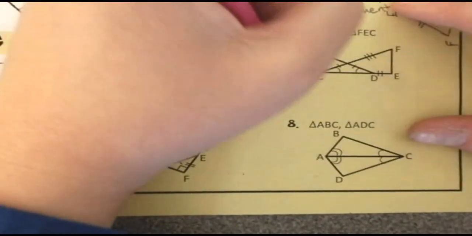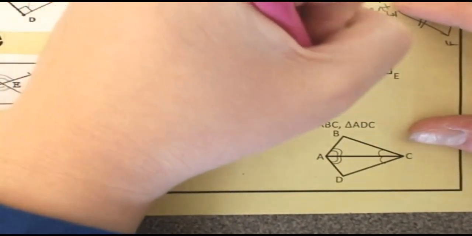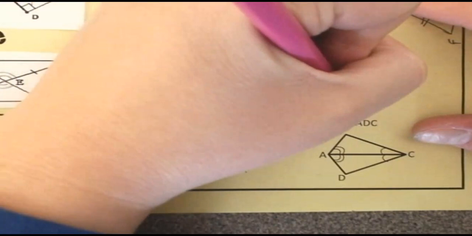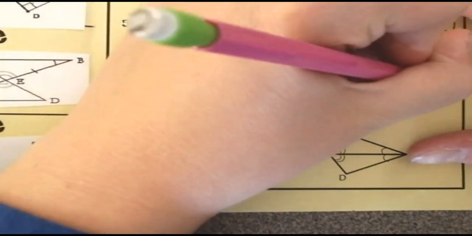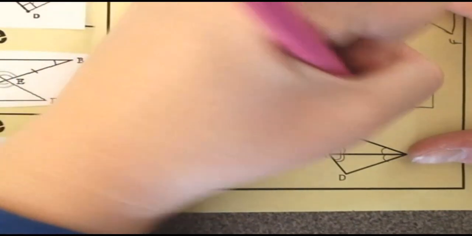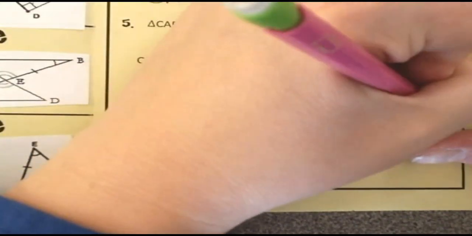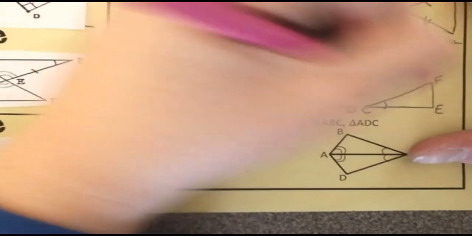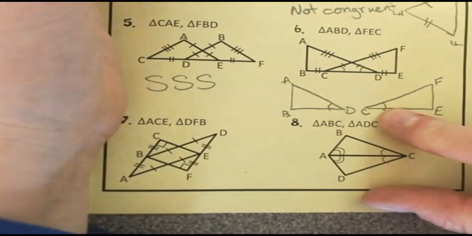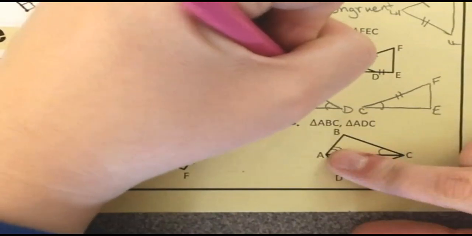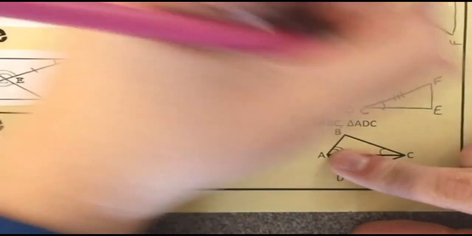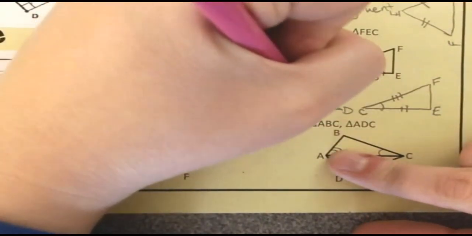For this one, I am going to redraw this one because it is just a hot mess. But this is D, A, B, and C, F, E. So D and C are the same. And then these are the two sides that are marked.